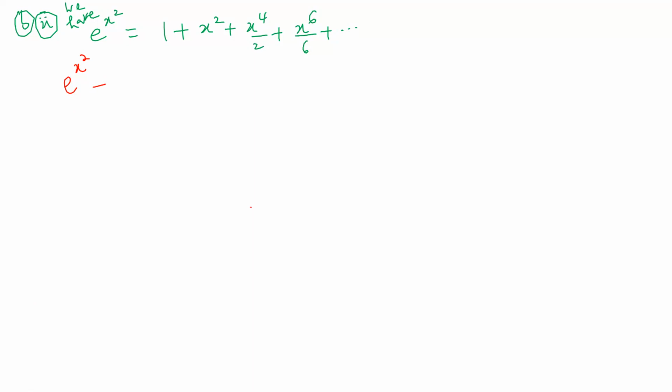And now when we do that, we proceed as follows. So we're going to have e to the x squared, then we subtract R6 of x.